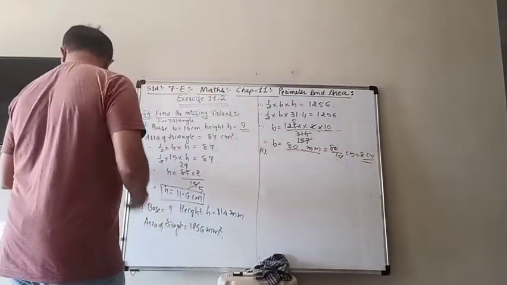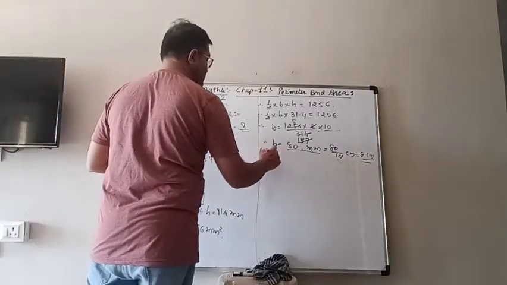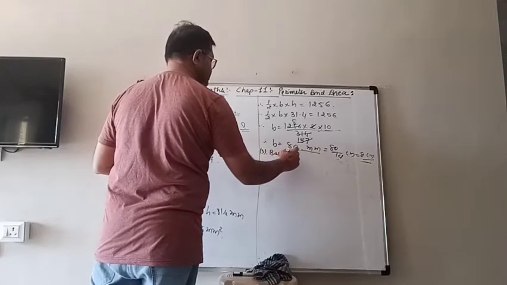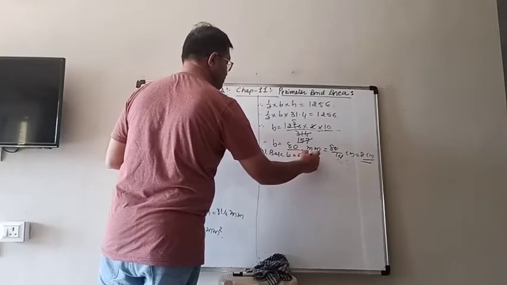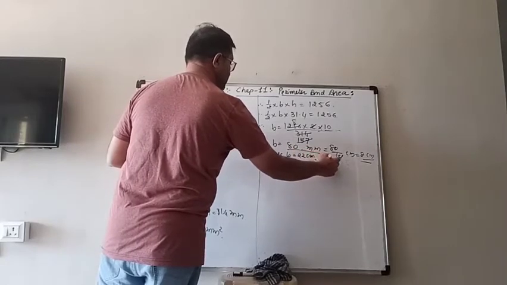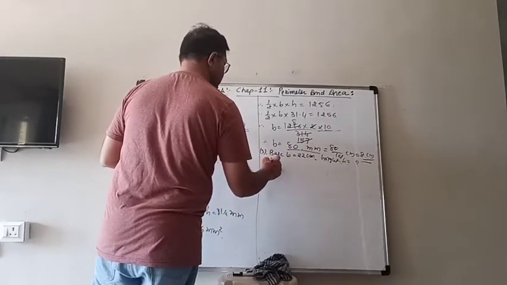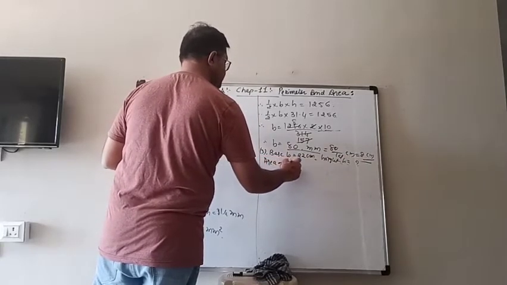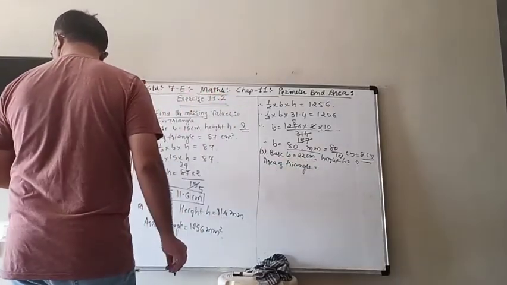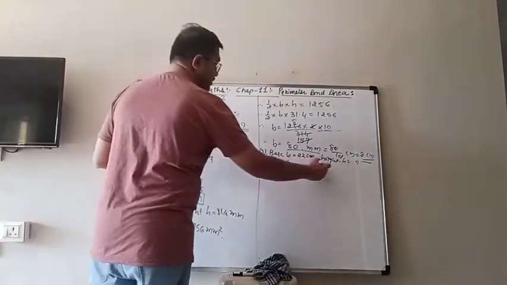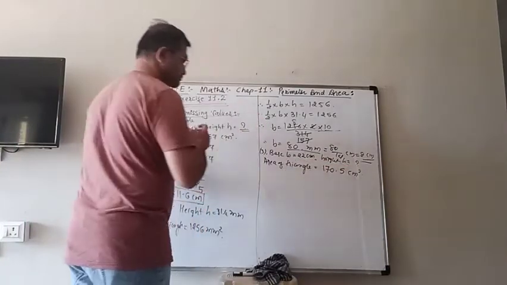Now the C, third one. In the third one, also base B is given. Base is given 22 centimeter. Height we have to find. And area of triangle is given 170.5 centimeter square.